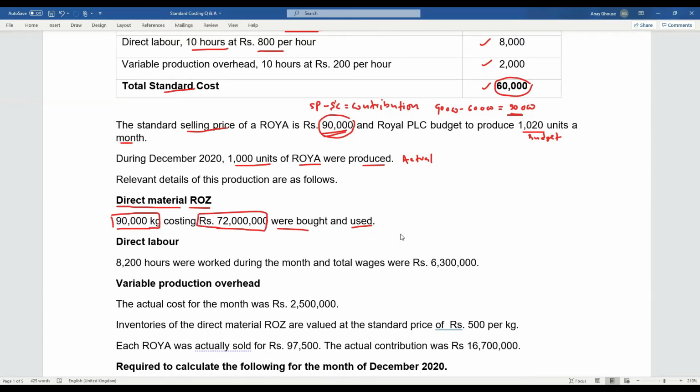Now, under direct material, as we discussed in our previous sessions, we need to calculate two basic variances, which are the price variance and the usage variance.